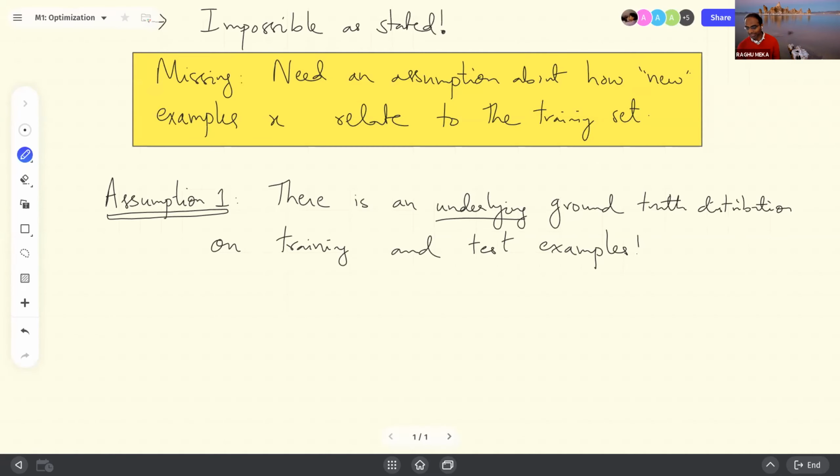Right? So the assumption is that there is some distribution D on X, on the domain. There is a distribution on images, right?